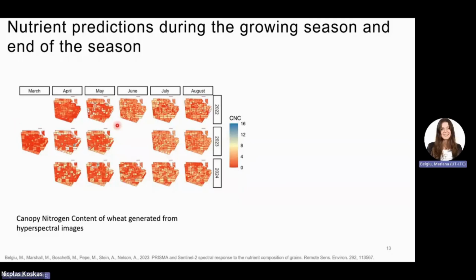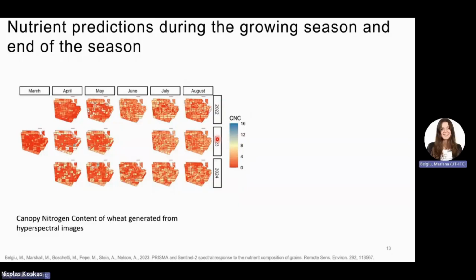We did the analysis across three main growing seasons in 2022, 2023, and 2024, and across several crop growth stages during one growing season: April, May, June, July, for example, for 2022.